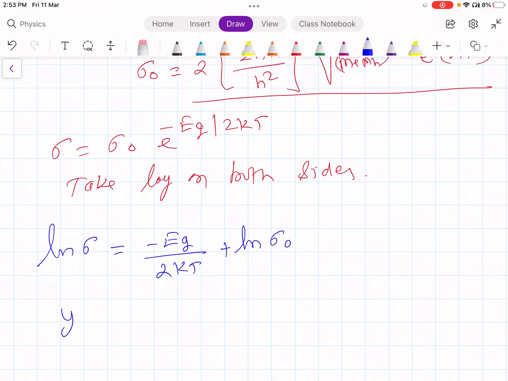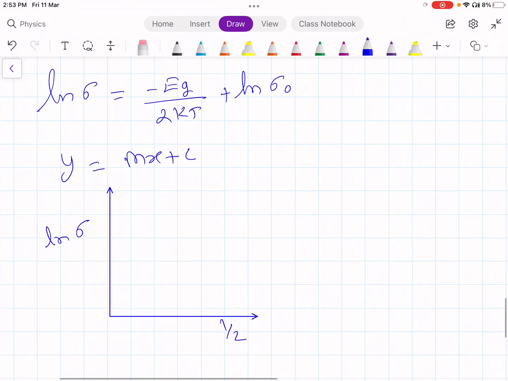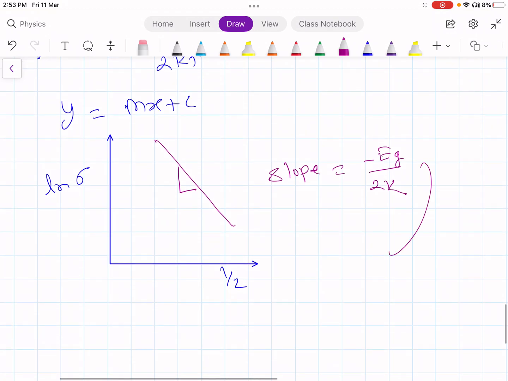So this is like y equals mx plus c, a straight line. If you plot a graph of ln of sigma versus 1 by T, you get a straight line and the slope is equal to minus Eg by twice k. From this you can find the band gap.